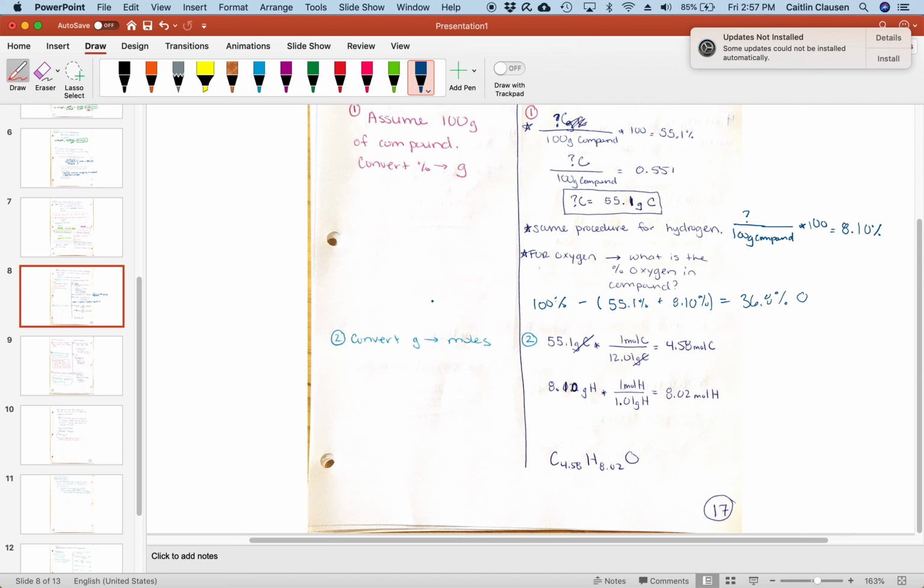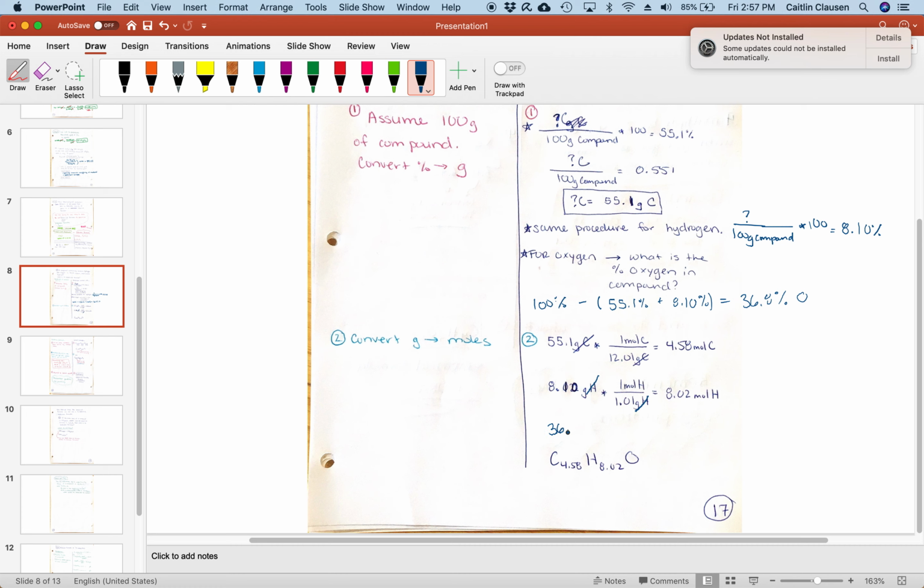Step 2, you convert the grams you just got into moles. That's, again, grams are related to moles through the molar mass. And we just have the element carbon, so it's 55.1 grams times the molar mass of carbon, 1 mole on top, 12.01 grams on the bottom. Do the same for hydrogen and the same for oxygen.